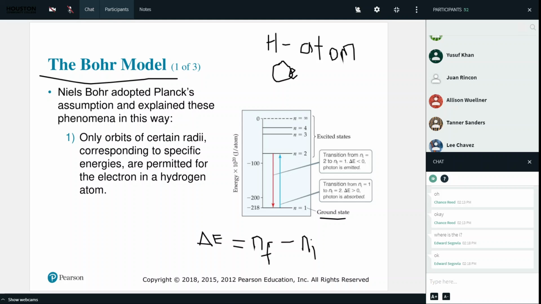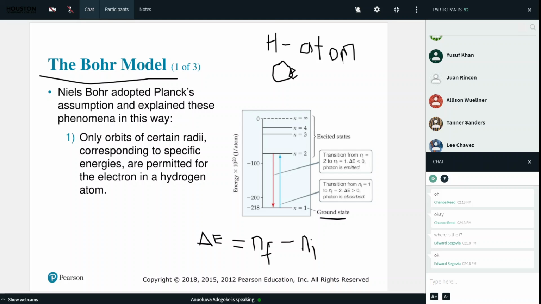So for the movement from level 1 to level 2, from ground state to excited state, delta E equals 2 minus 1, which equals 1. That is why delta E is greater than 0 here. Now, whenever delta E is greater than 0, we say a photon is absorbed.